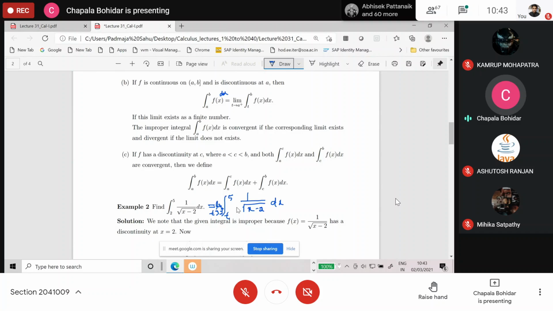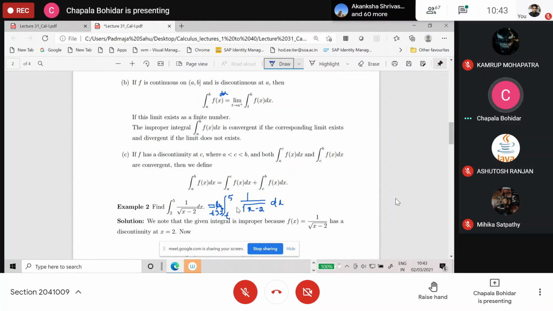So what do you get? We get 2 into, that is minus half plus 1 integration, so it is plus half. So 2 into 1 by 2, root of x minus 2 divided by 1 by 2.